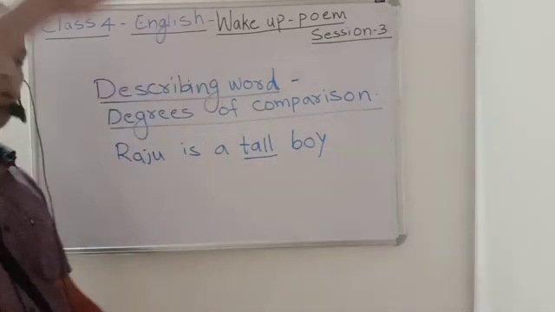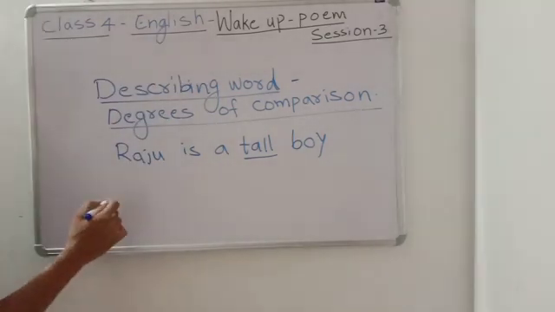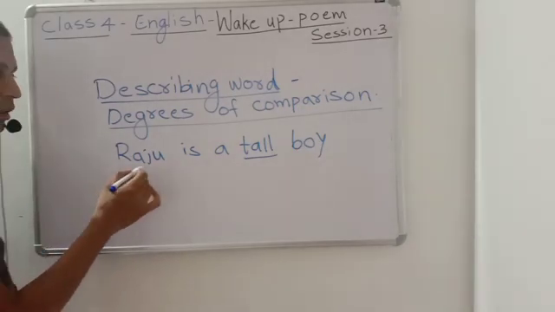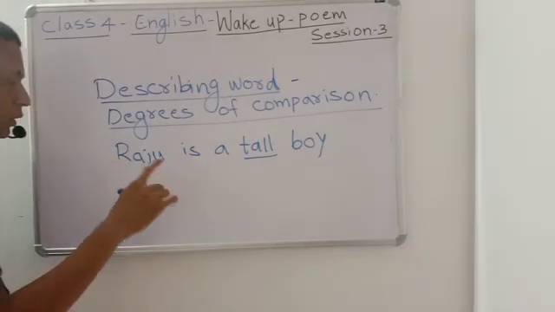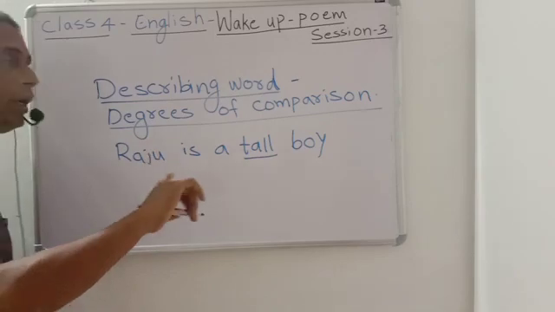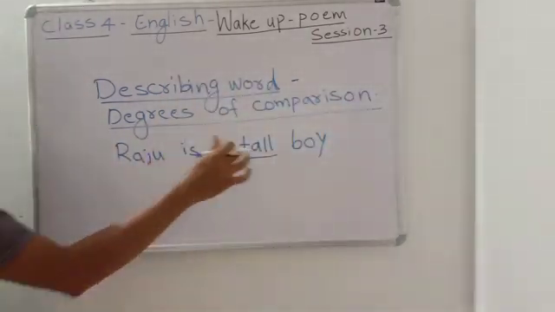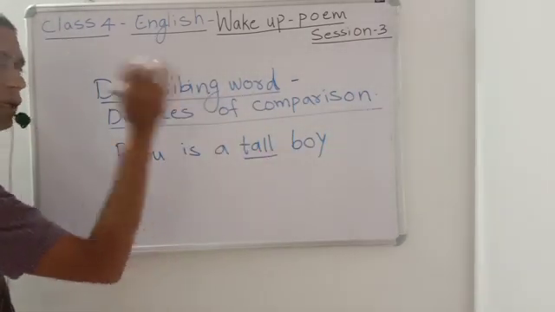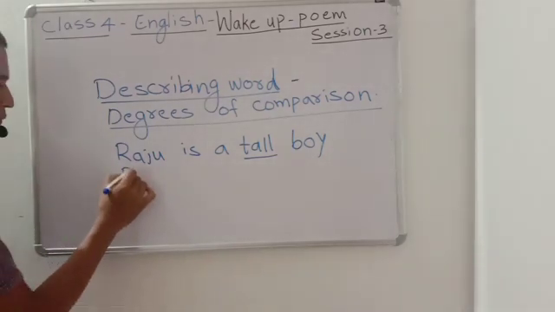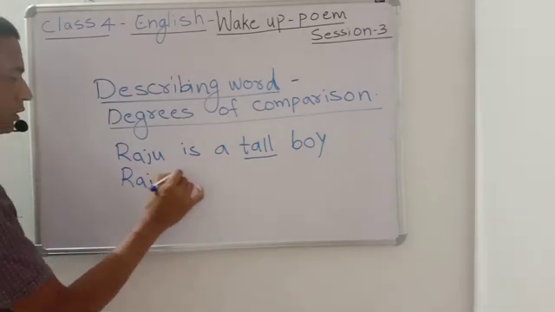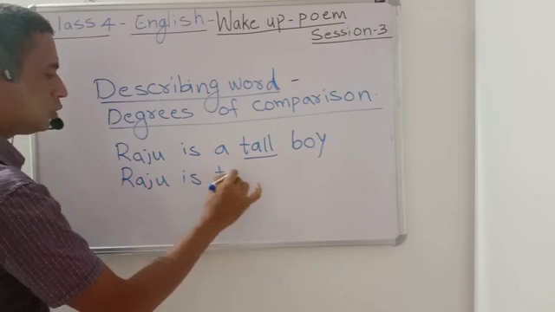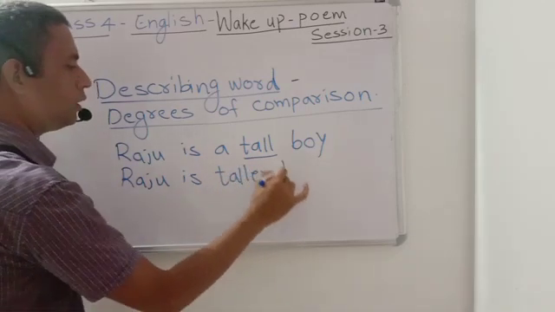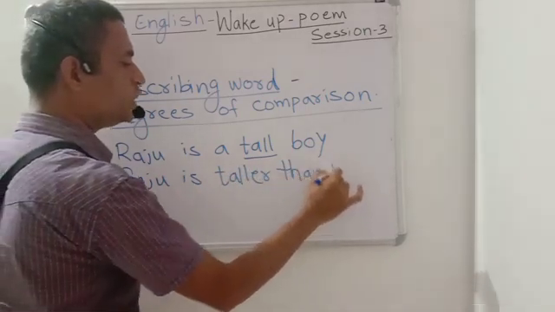Raju is a tall boy. The same sentence, if Raju is compared with somebody else, how will this tall be written? Let's see. Raju is taller than Ramesh.